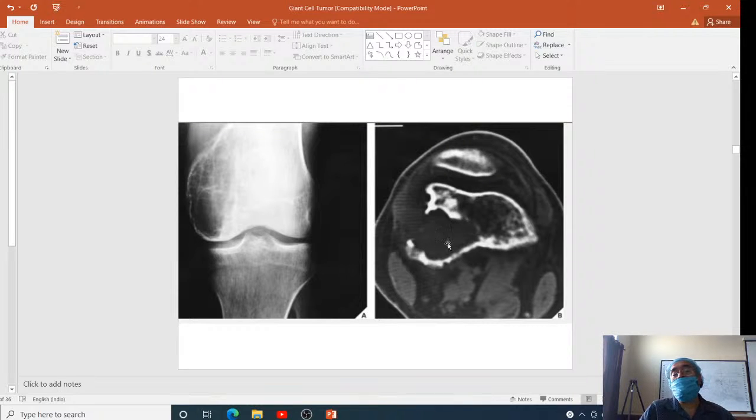So this is the advantage of having a scan. X-ray may not completely show it. These are the X-ray radiological findings. You think that there is a thin rim of cortex still present, but once you get a scan, you know for sure that there is a cortical break definitely, and there is no cortex as such.